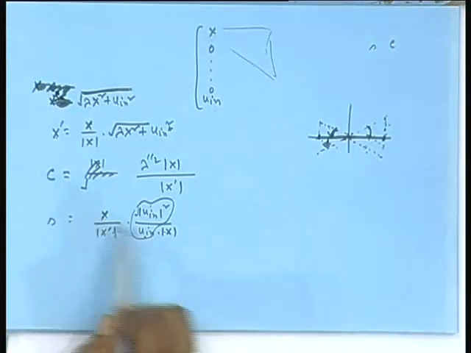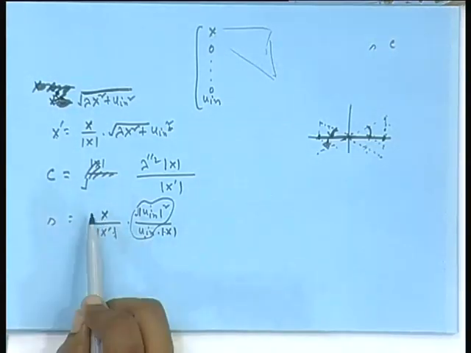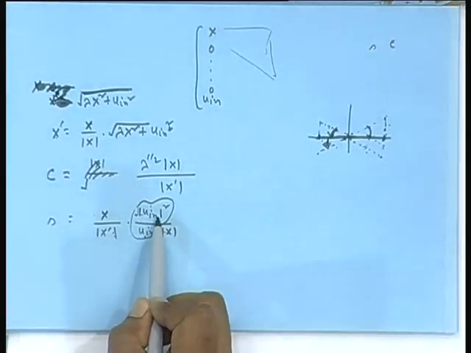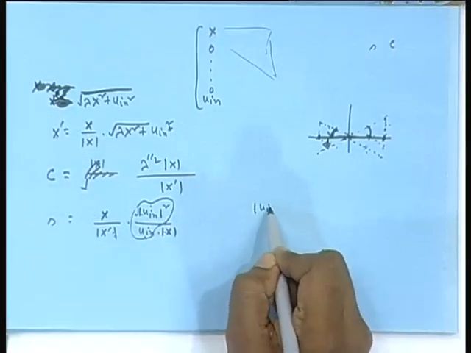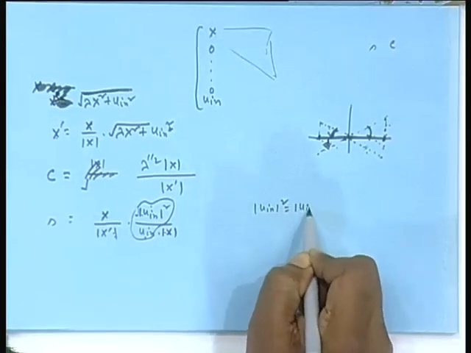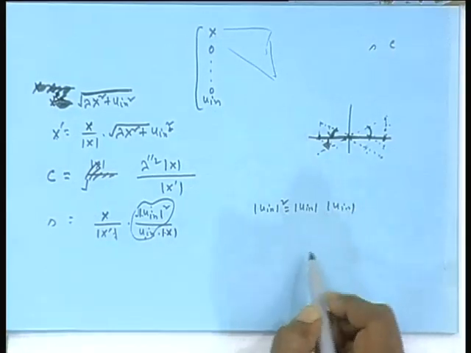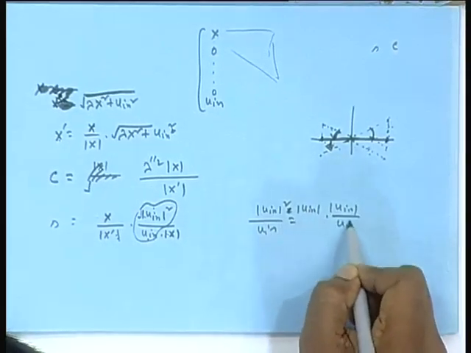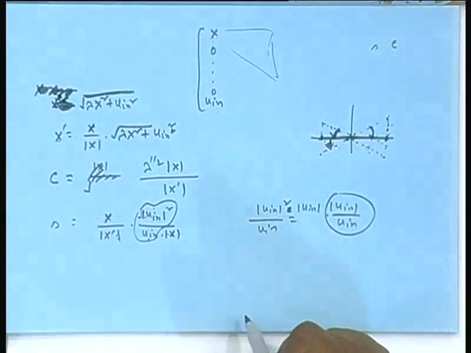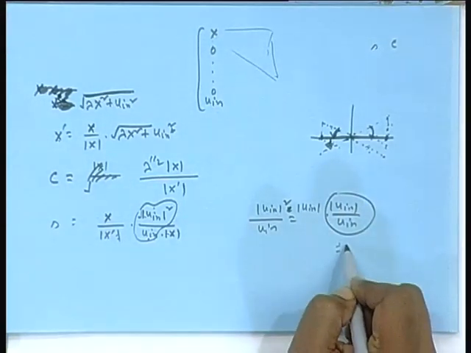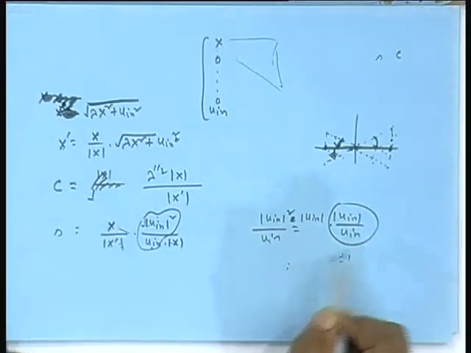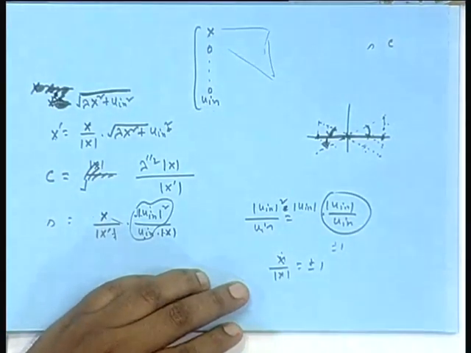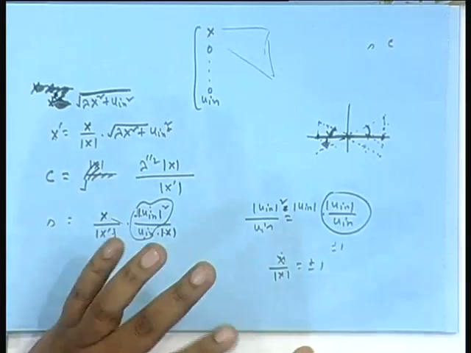Just check, x by mod x can be either plus 1 or minus 1, and mod u in square you write as mod u in times mod u in, and that divided by u in you write as this into u in. So, this quantity is plus or minus 1, and this quantity, x by mod x, is also plus or minus 1. So, both the signs will be taken care of here.